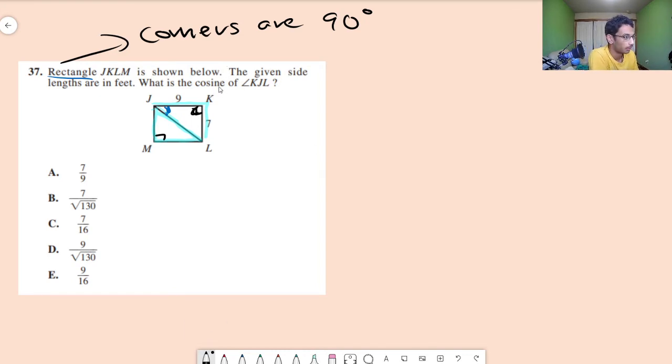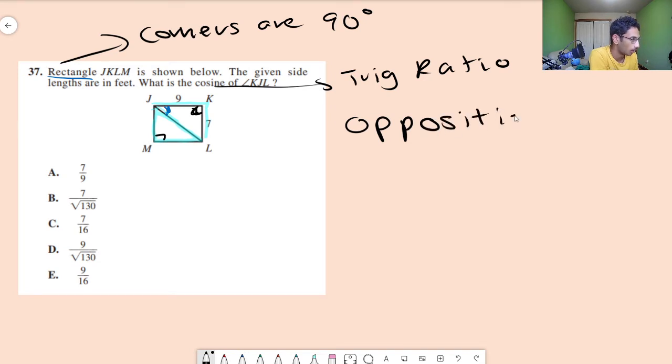There's a short little trick to understand cosine. Remember, cosine is a trig ratio, and basically all trig ratios are composed of opposites, adjacent, and hypotenuses.